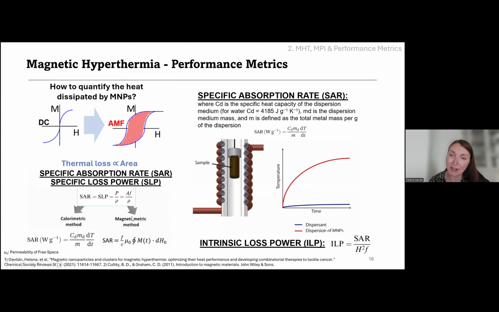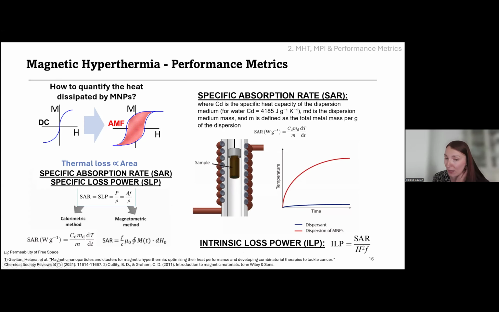So the higher the SAR, the higher the heat dissipated. Also, we have the magnetometric method, where we register the area of the hysteresis loop in one cycle, multiply it by the frequency, so the number of cycles, and normalize it by the mass, and we would also have our SAR value.